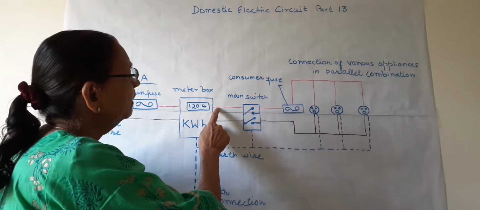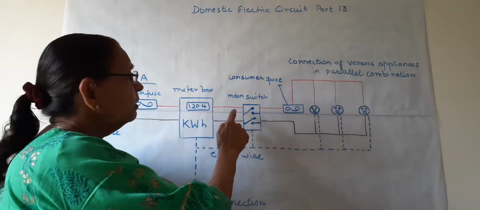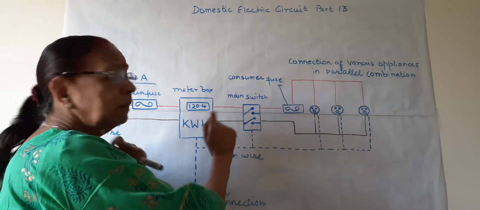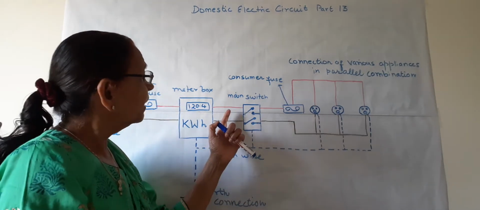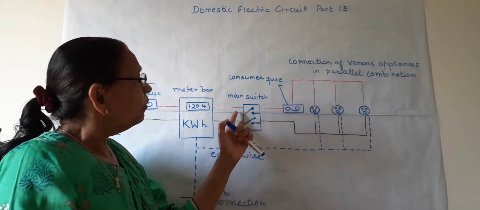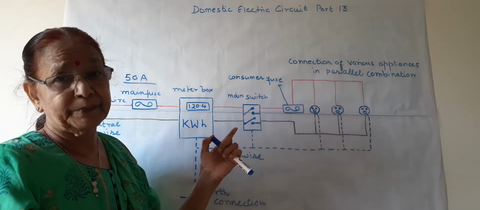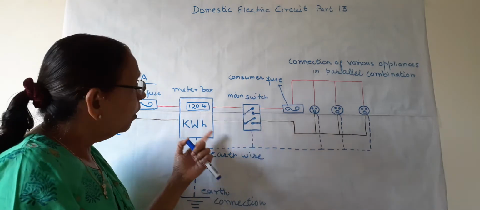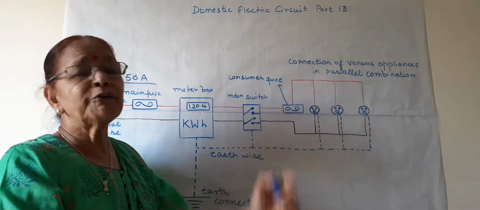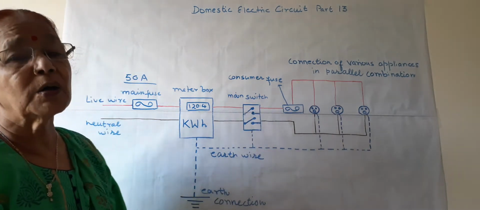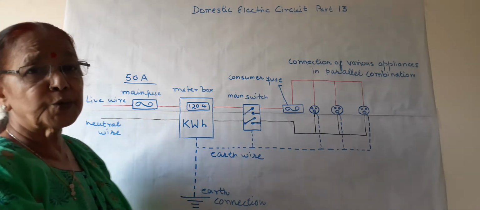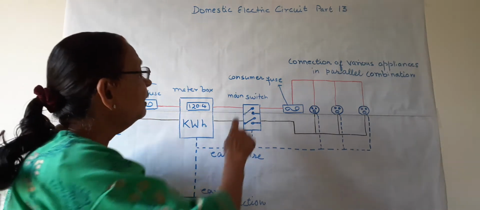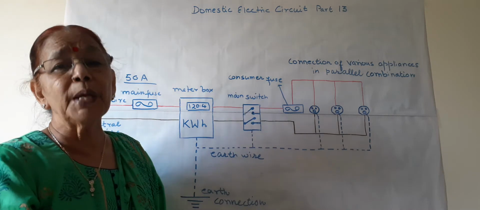It is also in series on these two wires, and when some high current comes in the circuit, or sometimes when we have to do repair work or some electrical work in our house, then we can shut off this main switch.